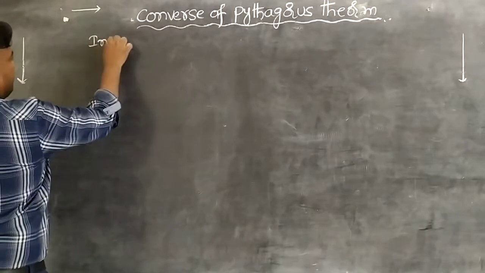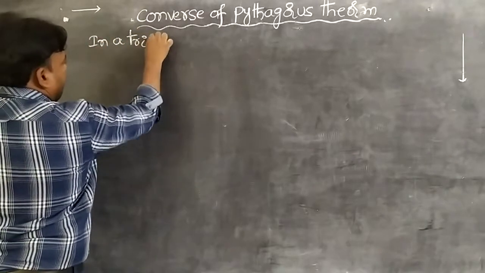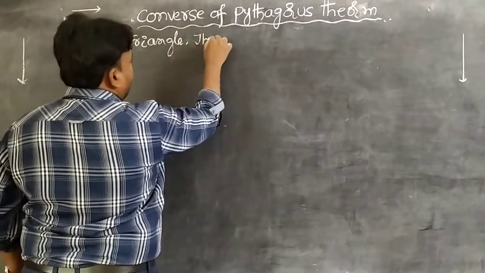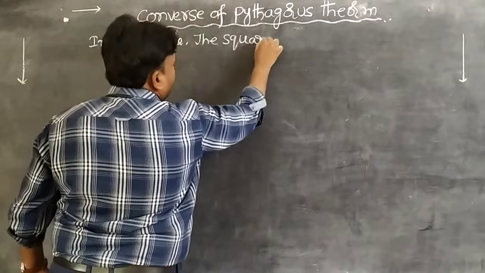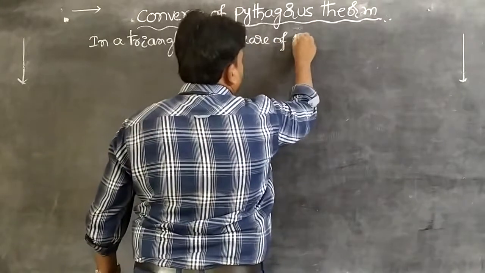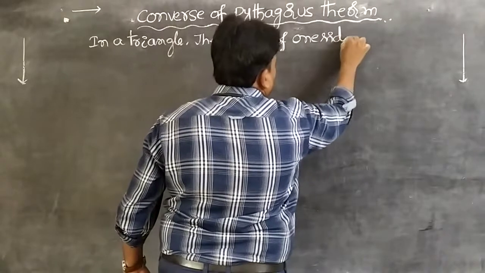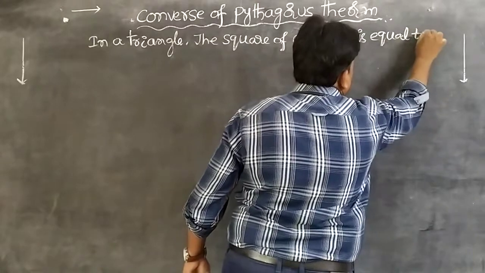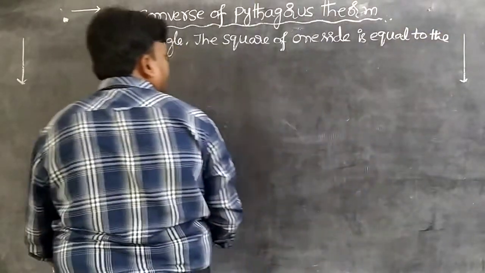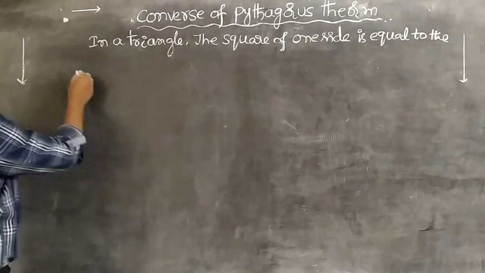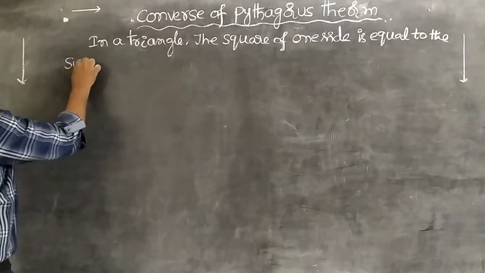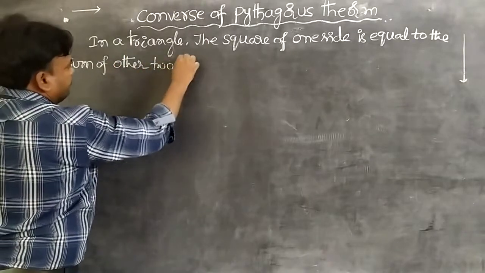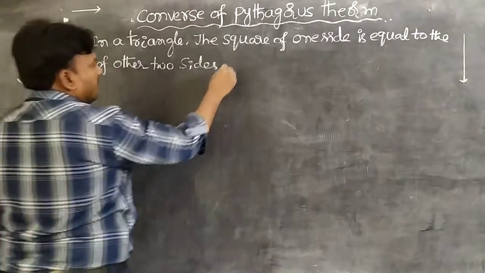In a triangle, the square of one side is equal to the sum of squares of the other two sides.